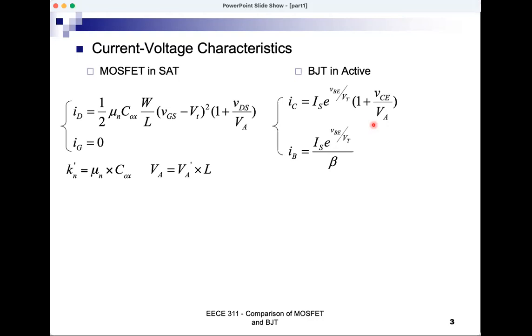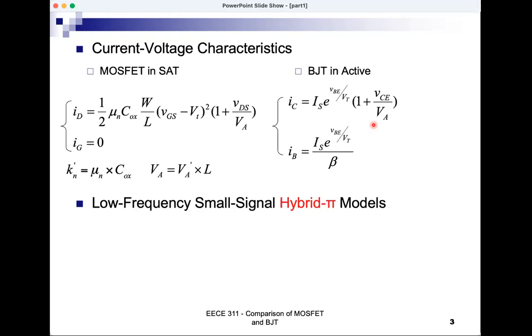So this is the summary of the current equations in the regions where the transistors can be used as amplifiers. Now, in the case of amplifiers, a very useful technique is the small signal analysis, where we can use the small signal equivalent models of the transistors.